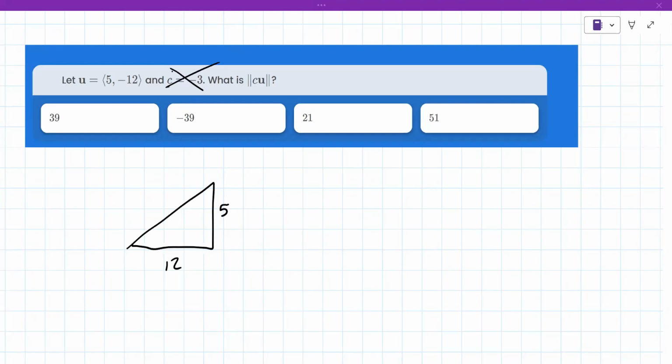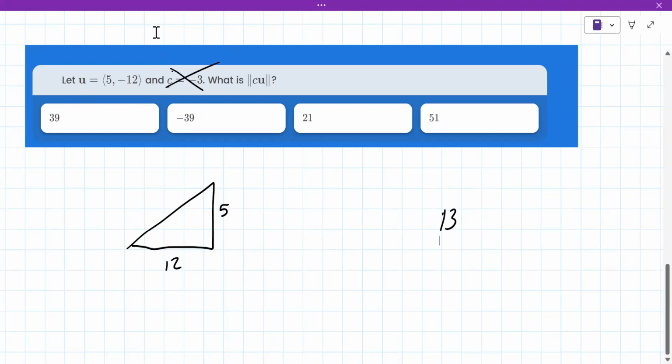Hold on. I think I did something wrong. I got 13 for an answer. Good, good. So that's not quite the answer, but I want you to look at each of these answers here.